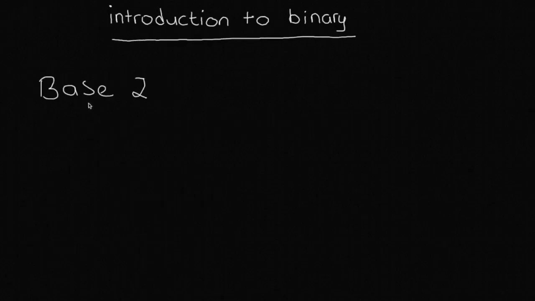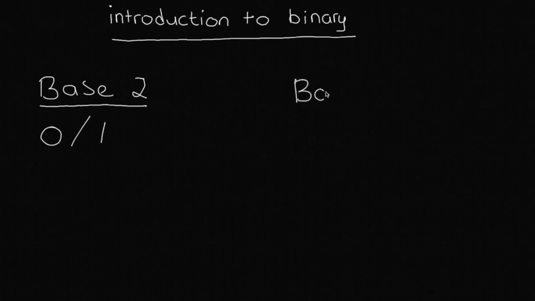So you might have heard of binary being called base 2. And the reason why it's called base 2 is because there's 2 different outcomes, right? As we discussed before, it can be either 0 or 1. That's what binary is. It's 1 or 0. Then we also have base 10, which you're probably more familiar with.